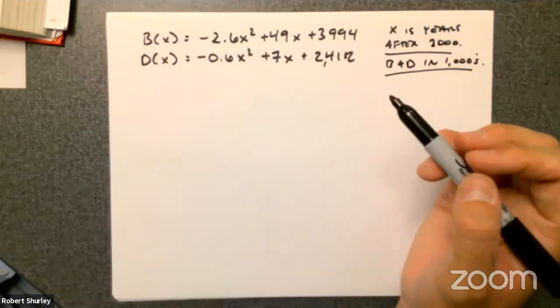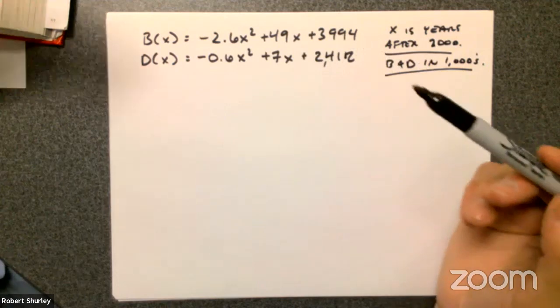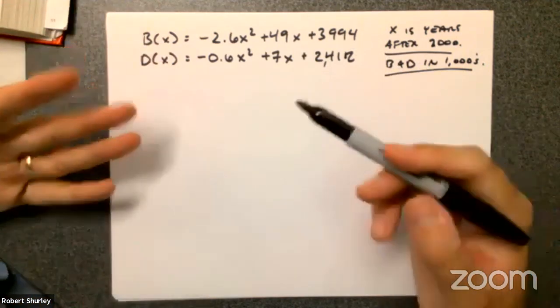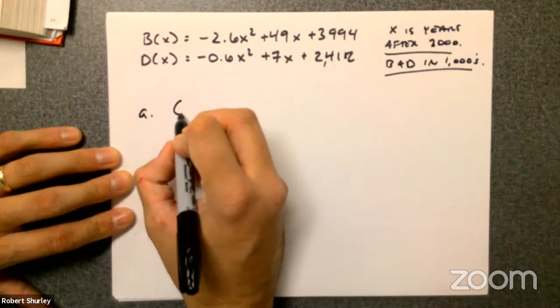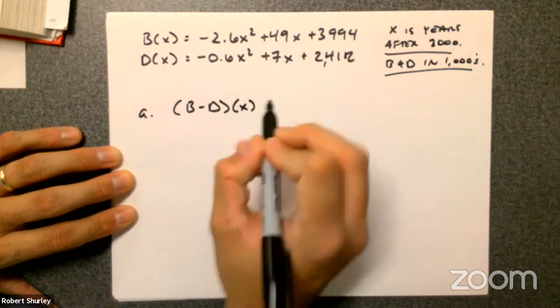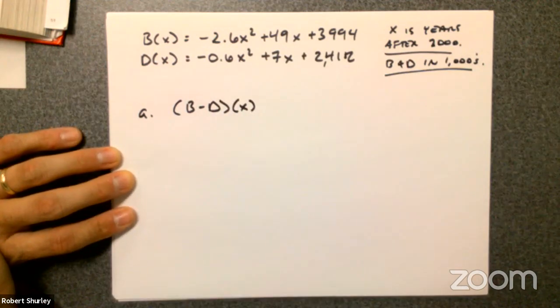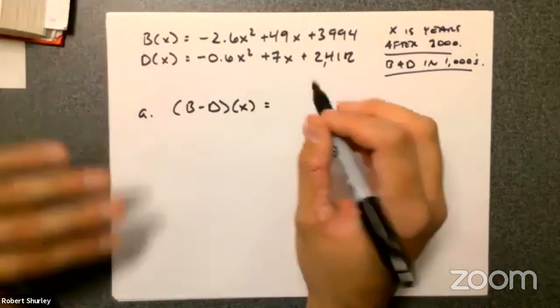So the question says, write a function that models the change in U.S. population for the years. Deaths are going to be a minus, and births are going to be a plus. So if we wanted the change in population, we would just do B minus D for the years between 2000 and 2009.